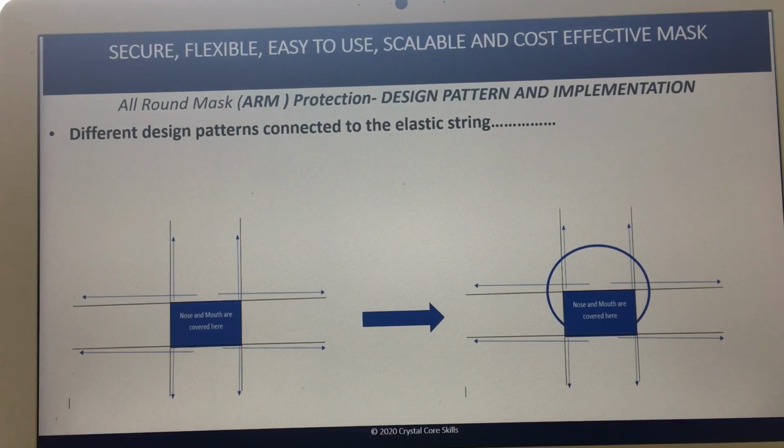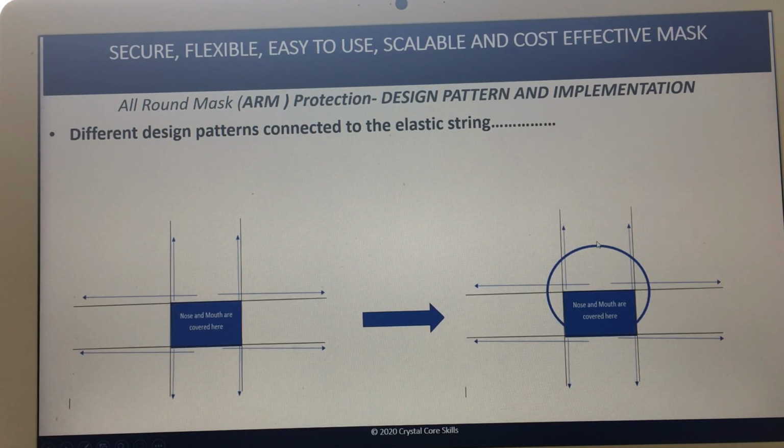So when this circular string is put inside this mask through the internal part of the rectangle we have created, because this rectangle is a hybrid of many rectangles, we have a hole there.